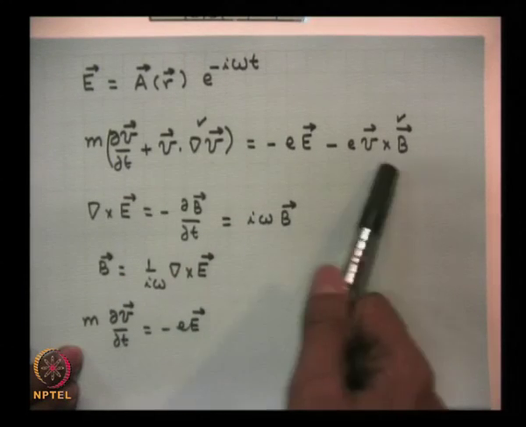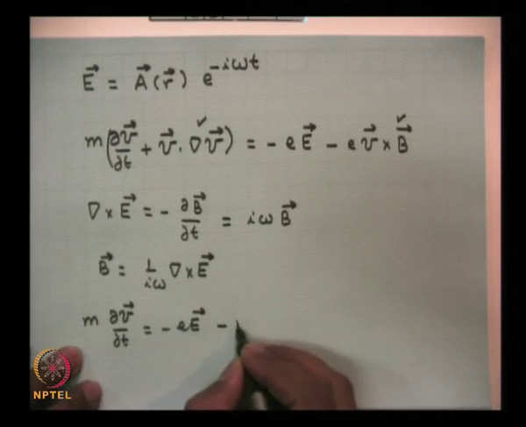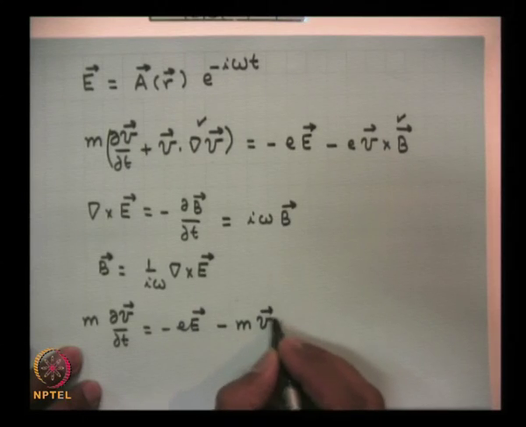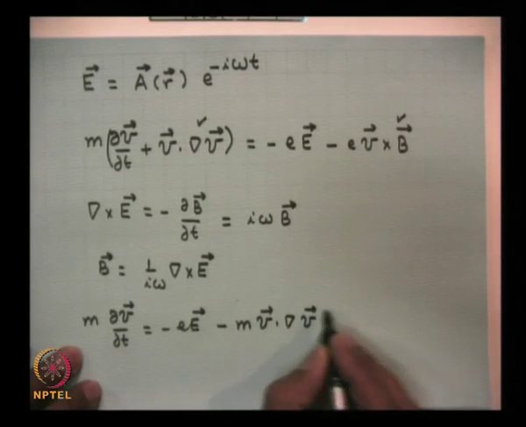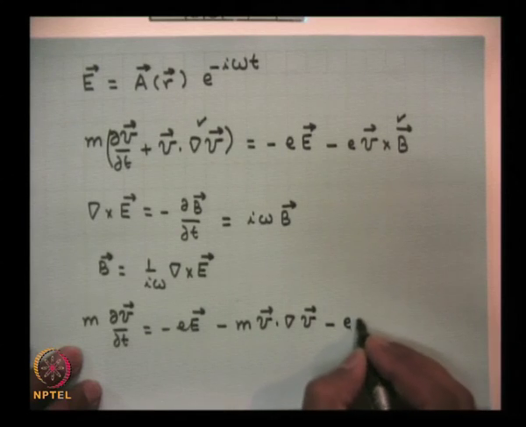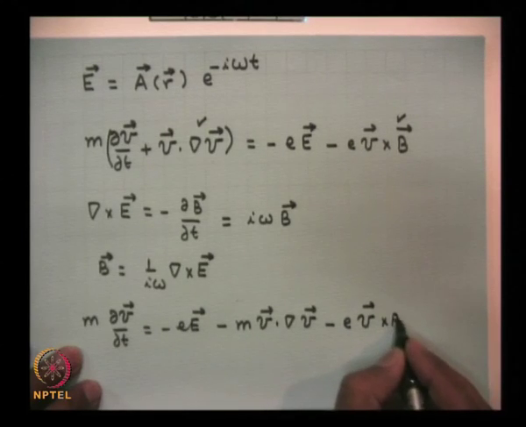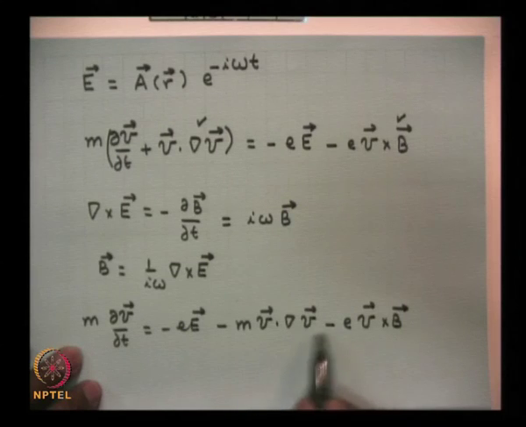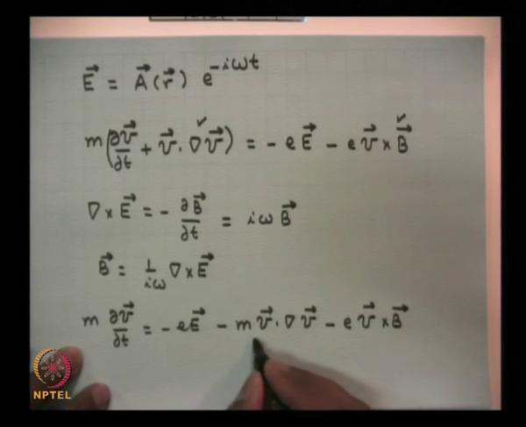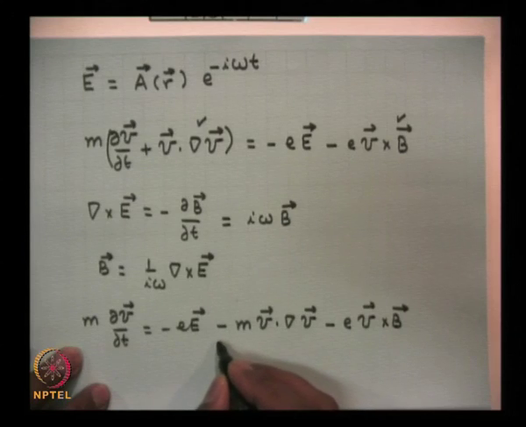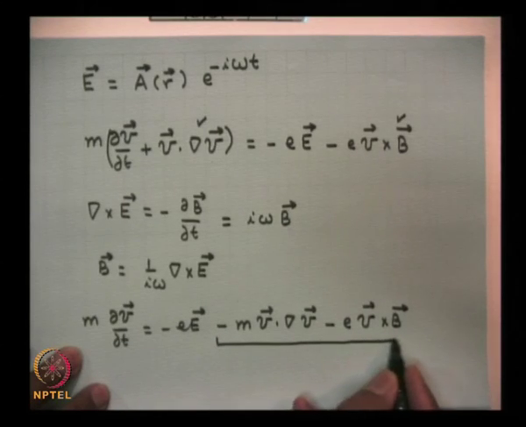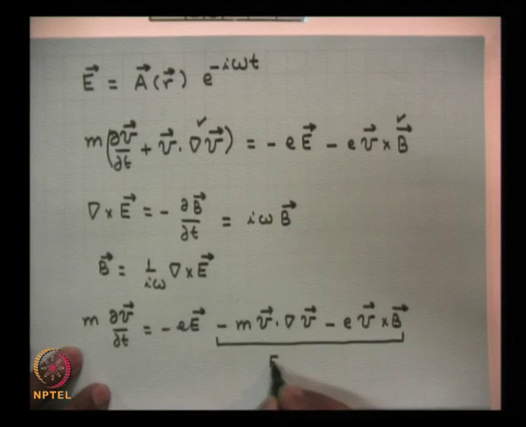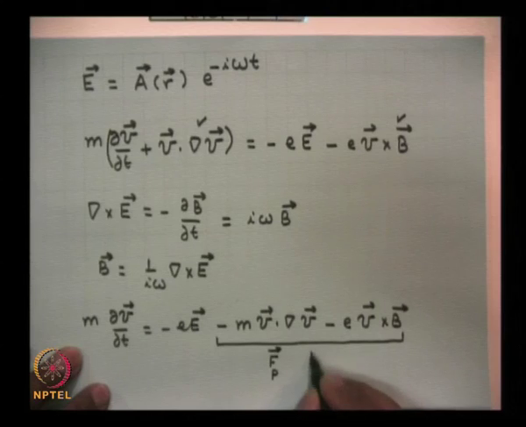So, take this term on the right hand side, it becomes minus m v·∇v minus e v cross B. These two terms are called nonlinear terms because they are the product of small quantities and they have the dimensions of force. So, I can combine them together from here to here and give a name to them. In literature, the name given to them is F_NL, nonlinear force, also called Ponderomotive force.